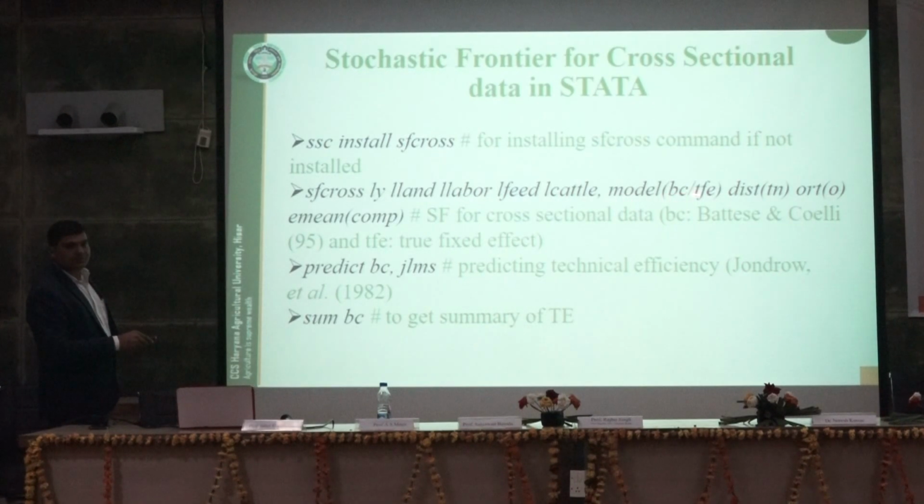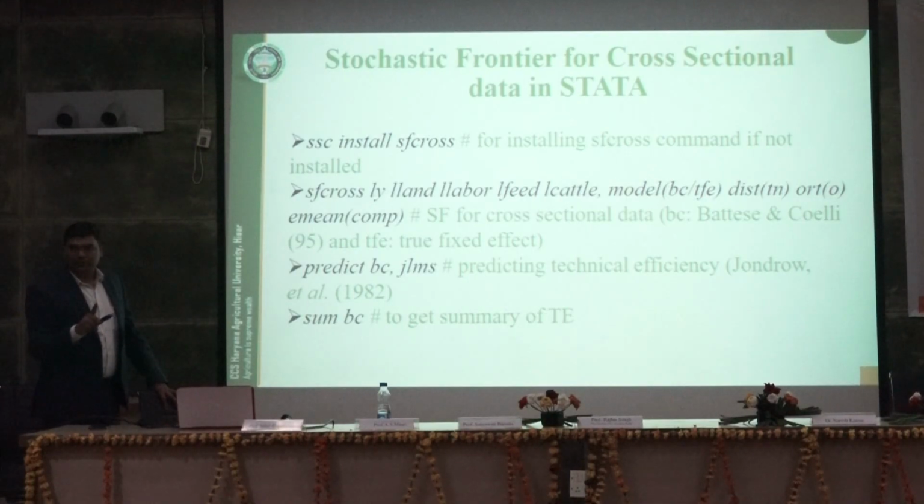These are the models. The model is, say, BC. BC is the Battese and Coelli model from 1995, and TFE is the true fixed effect model. And this is for distribution. TN means truncated normal, or you can write here half normal, HN.